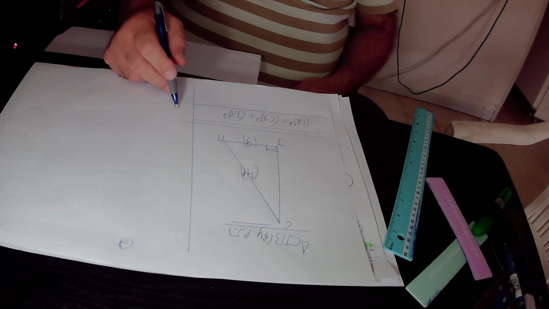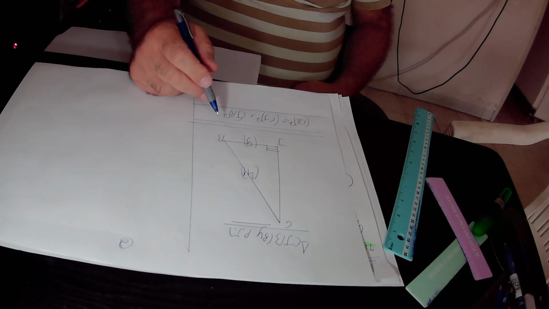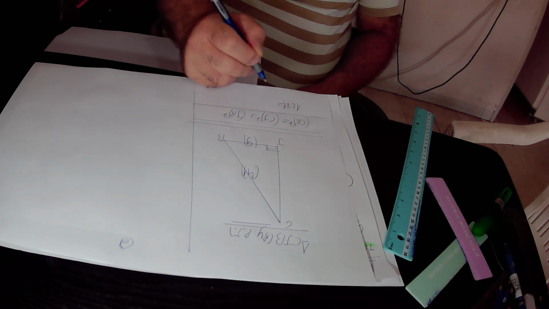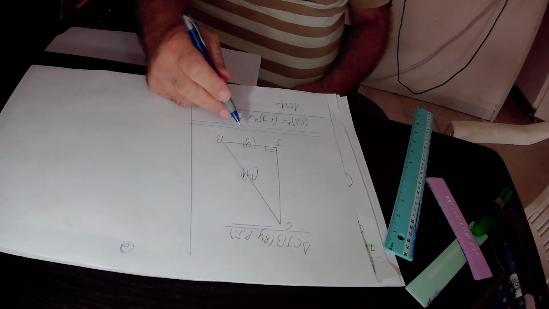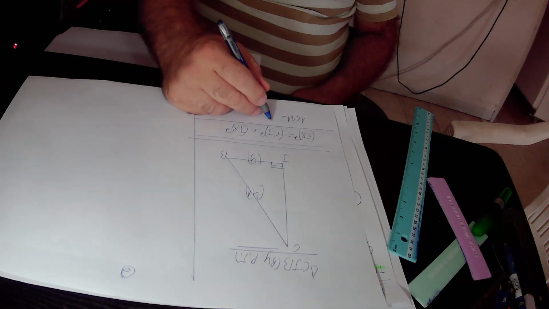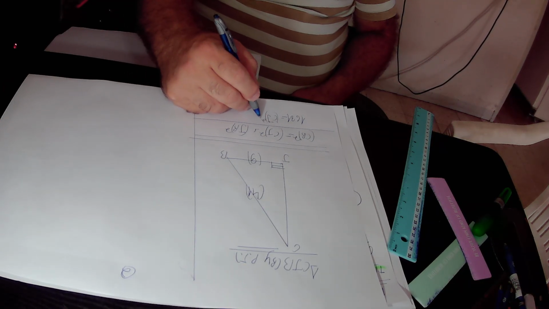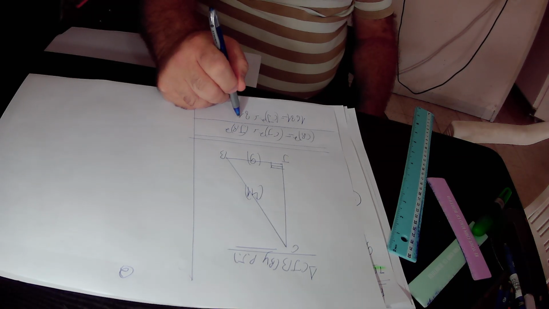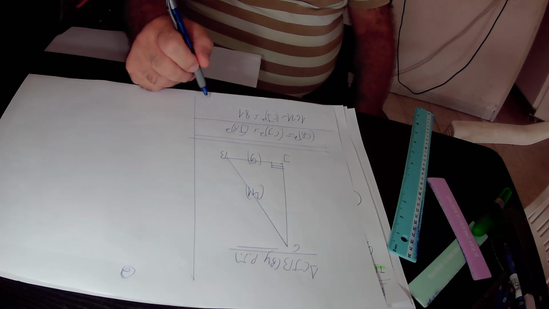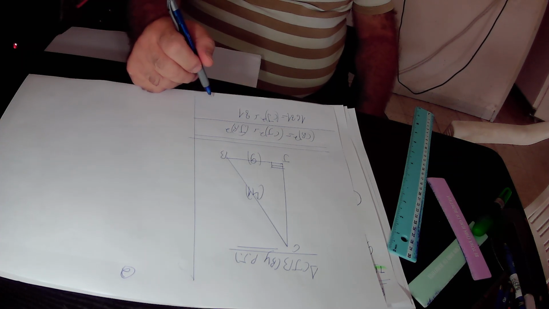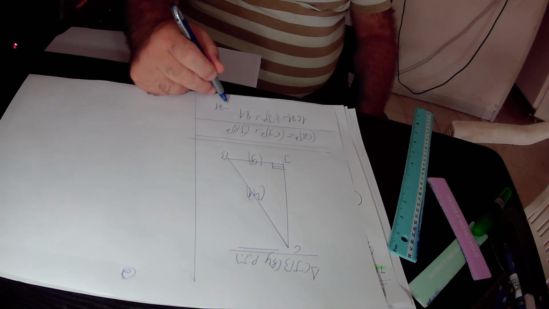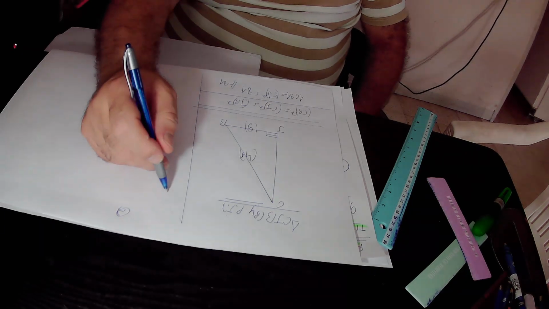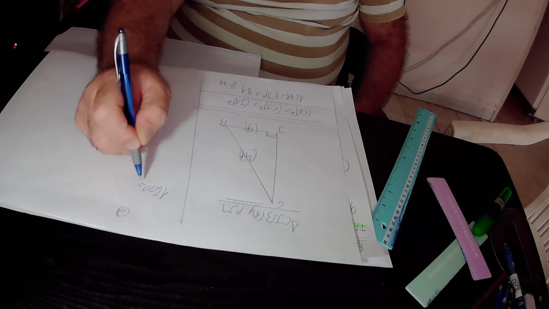CB equals 41, therefore CB squared is 41 squared, that is 1681. CJ is the missing side, so we leave it as CJ squared, plus JB squared. JB is 9, therefore JB squared is 9 squared, which is 81. So in total we found that 1681 equals CJ squared plus 81. Here we subtract 81 from this equation, and finally we get that 1681 minus 81, which is 1600, equals CJ squared.